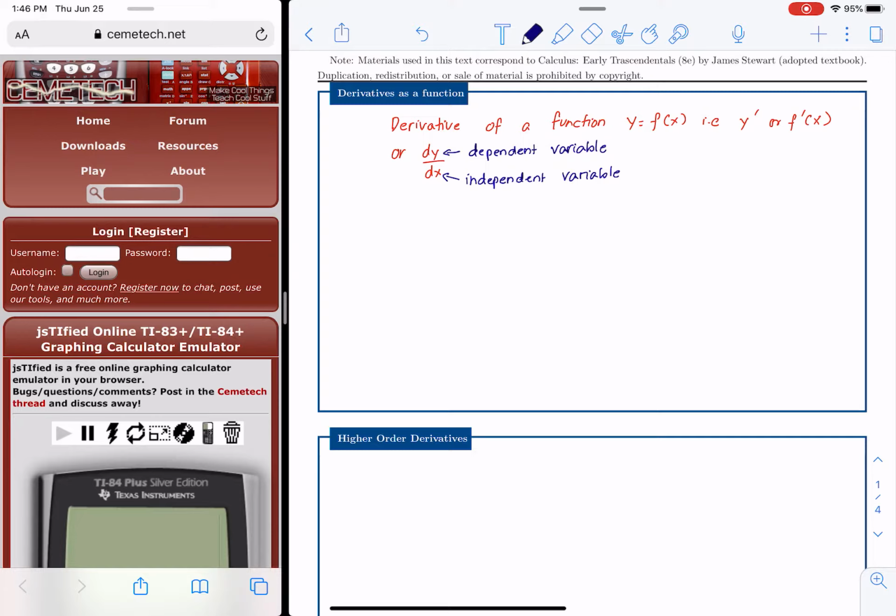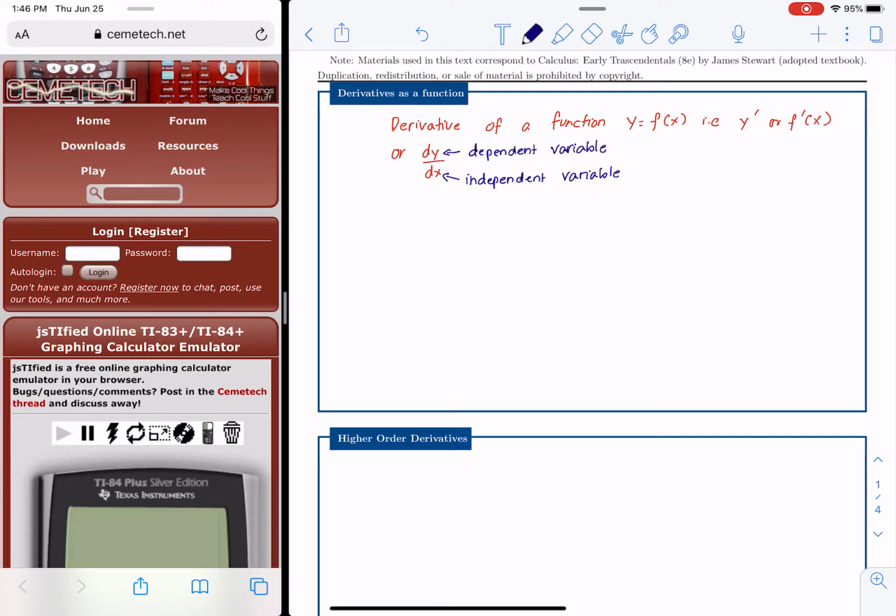So the thing we have to realize is that the derivative of a function is also a function. I'm using the notation here, y prime, f prime of x, or dy over dx.